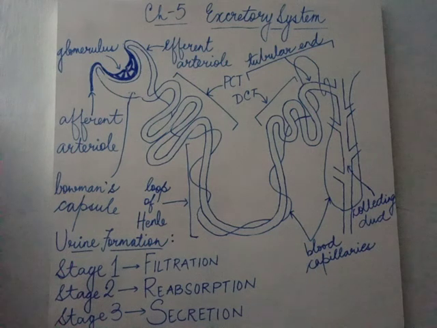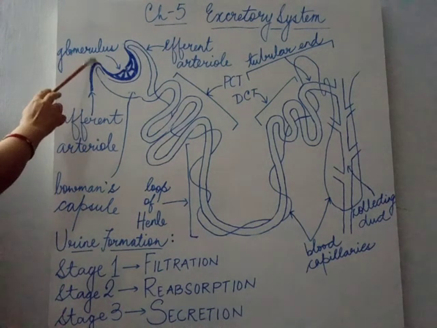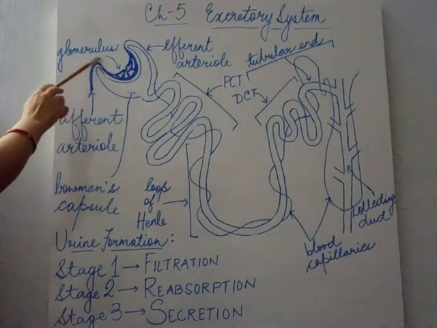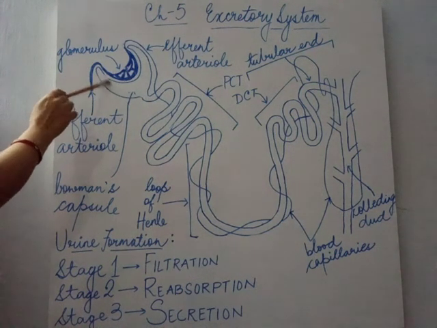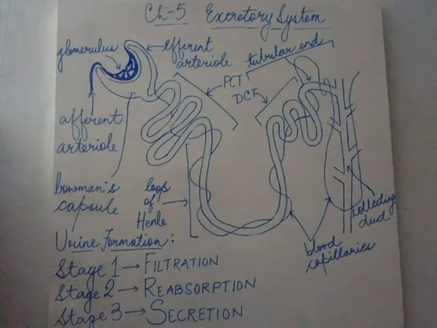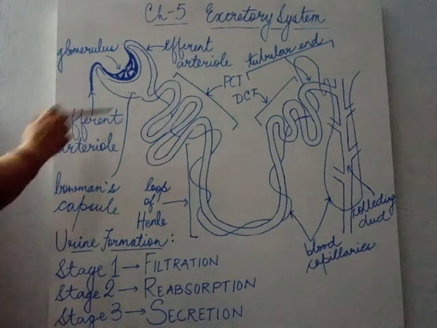To filter all the impurities from the blood, numerous clusters of capillaries called glomeruli, singular glomerulus and plural glomeruli, are present in the kidney. The glomeruli are present in this cup-shaped structure which is called Bowman's capsule.